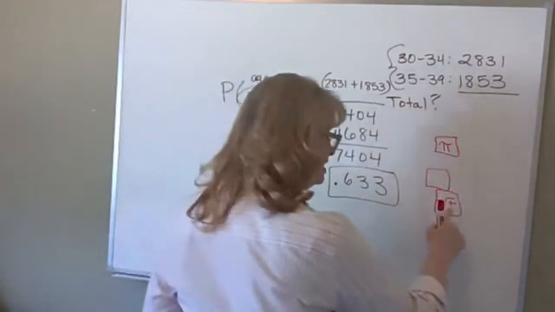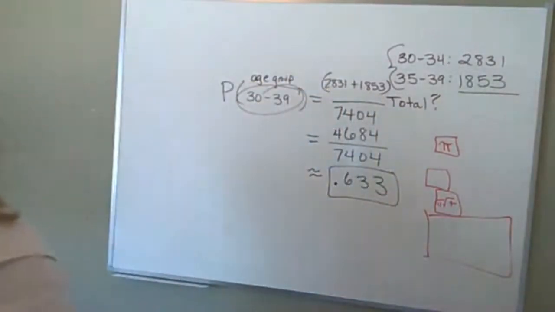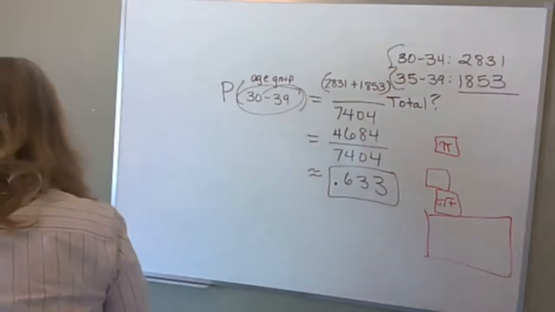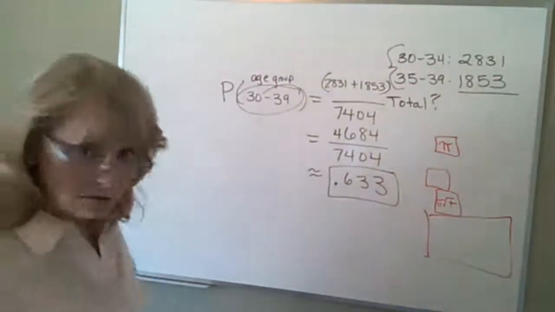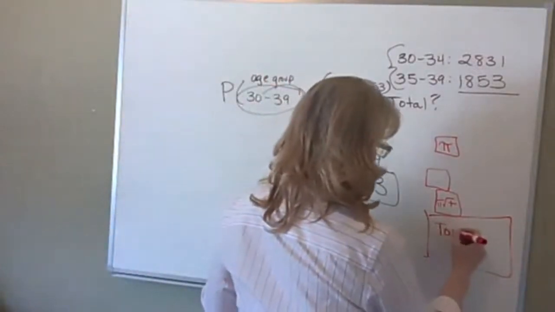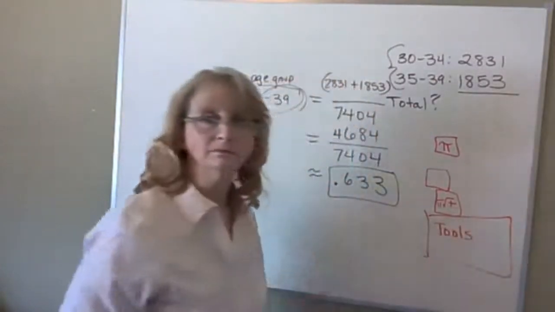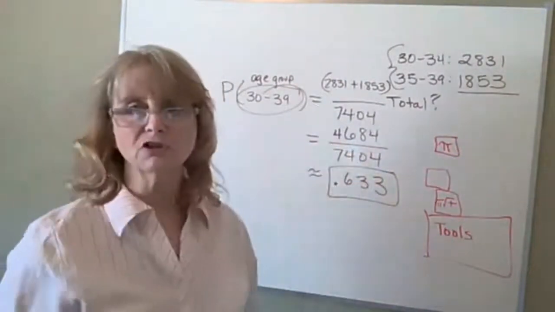If you click on that, it opens a set of tools. Some of those tools are parentheses, fraction, there's a fraction bar. So this gives you more tools for typing. That might come in handy when you're doing fractions and you're trying to type.